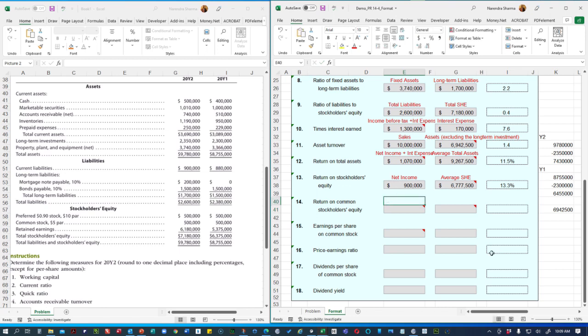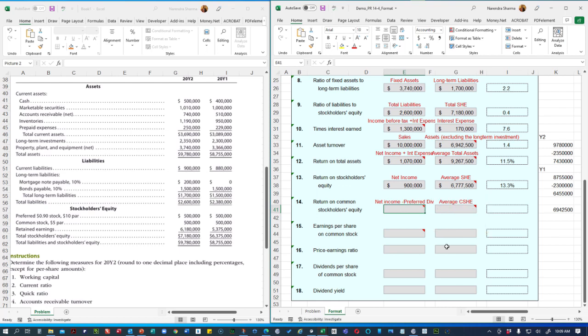So the formula is net income minus any preferred dividend, divided by average common stockholders equity. That is the difference. In the previous one we took the total stockholders' equity, in this we are going to take only the common.